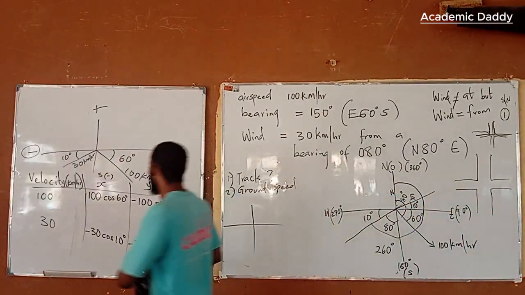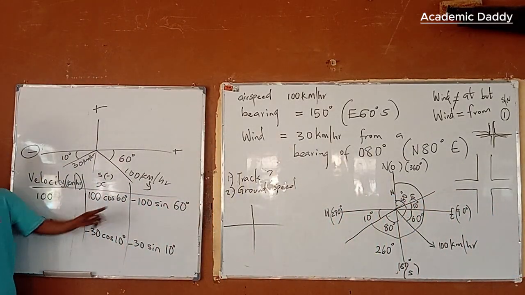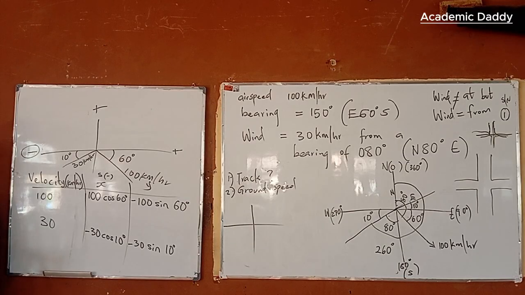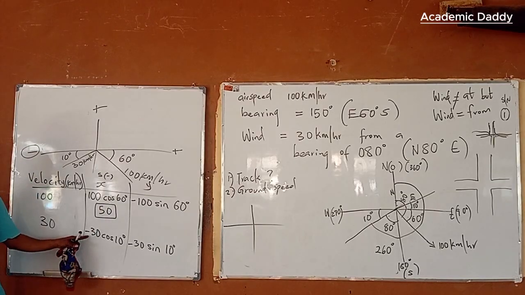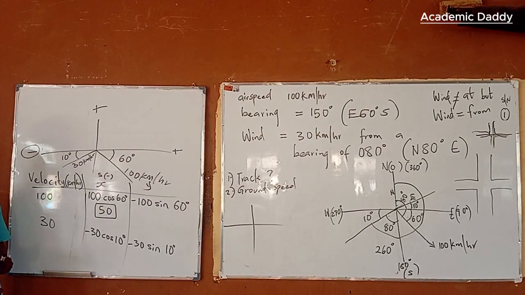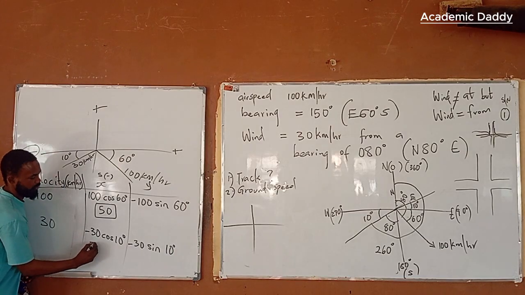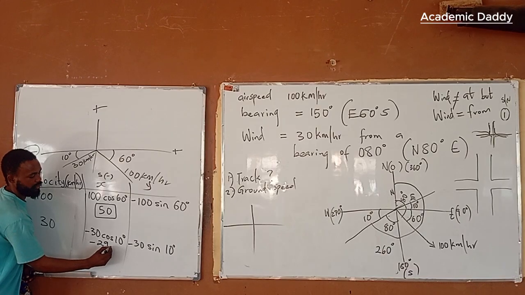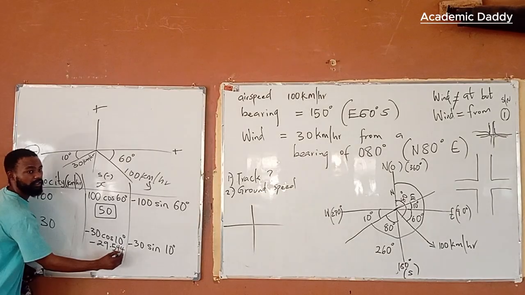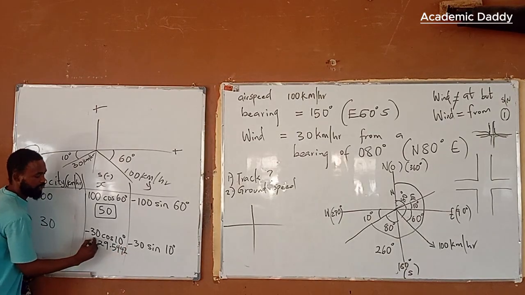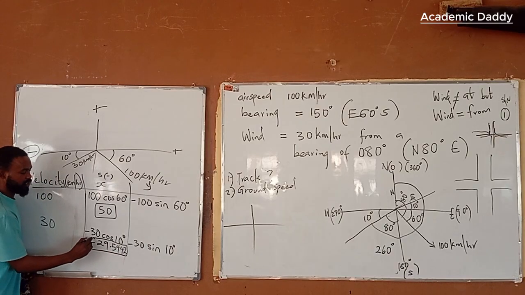So if that be the case, do for me 100 cos 60, what do you have? 100 cos 60, you got 50. Minus 30 cos 10 degrees, what do you have? Minus 29.5442. You remember that we said don't approximate until final answer.